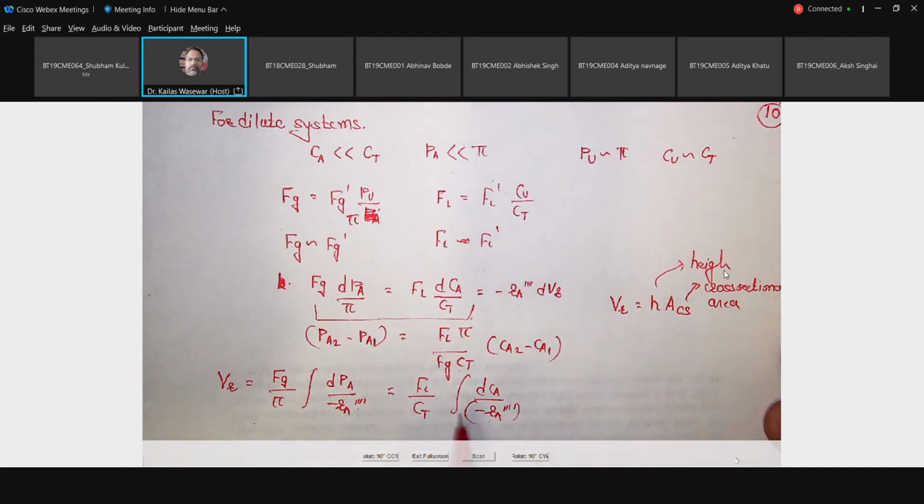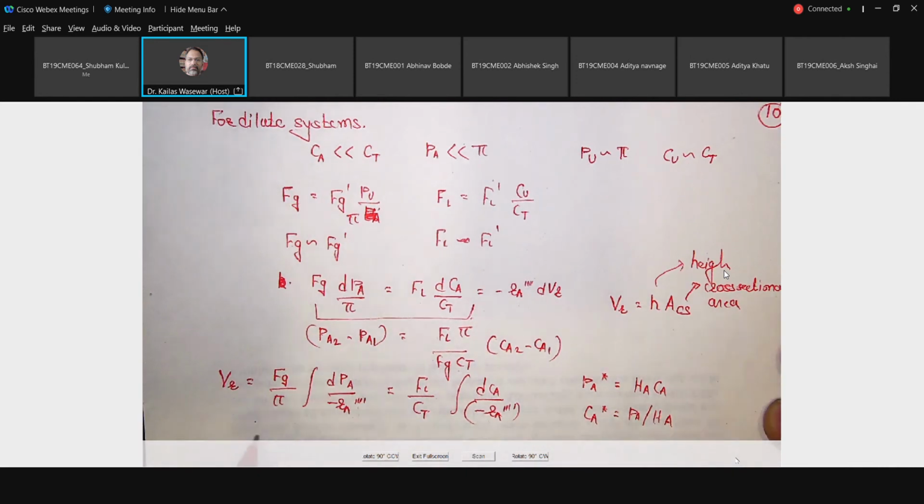Now this RA will be what? For dilute systems, gas will be in equilibrium with the liquid and liquid will be in equilibrium with gas. In this case, PA star, the equilibrium partial pressure, will be HA CA, and similarly CA star will be PA upon HA.